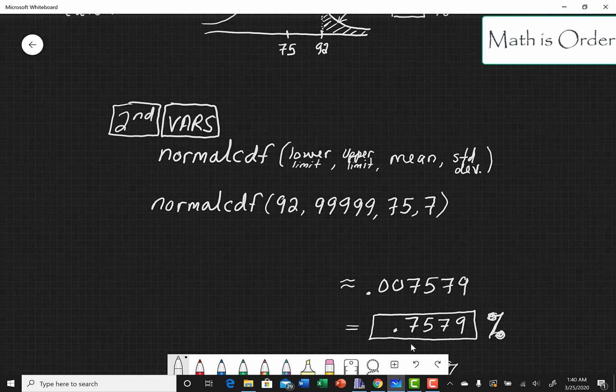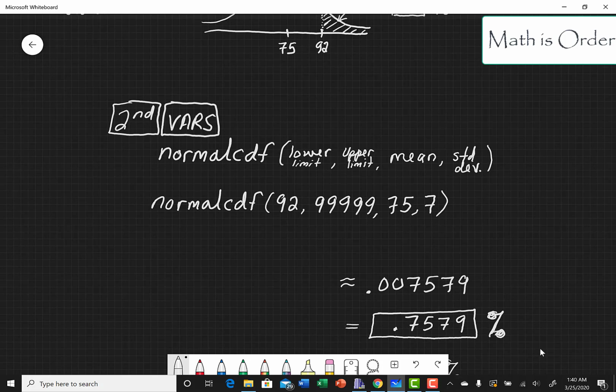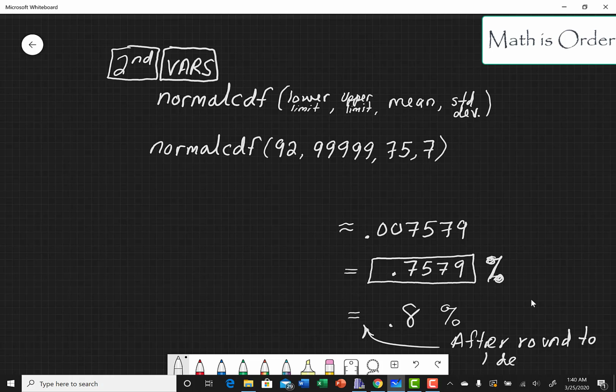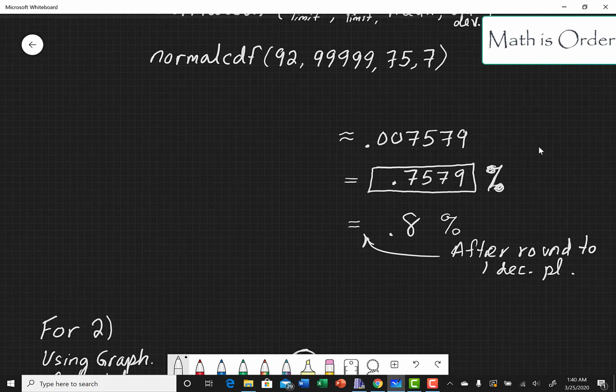And then if you round this to one decimal place, you're going to get 0.8 percent after rounding to one decimal place. All right, so that was very easy, I hope.